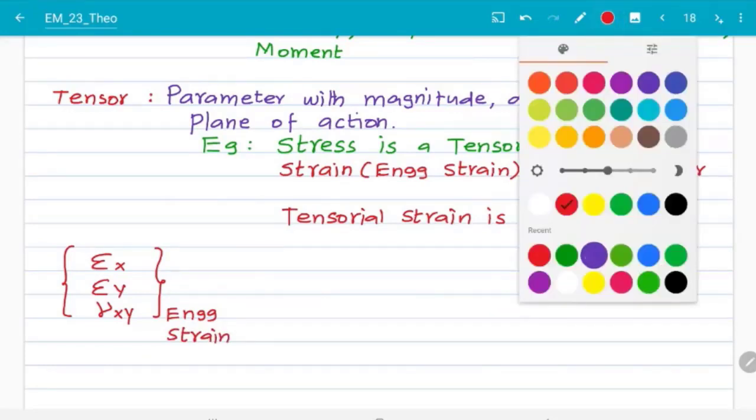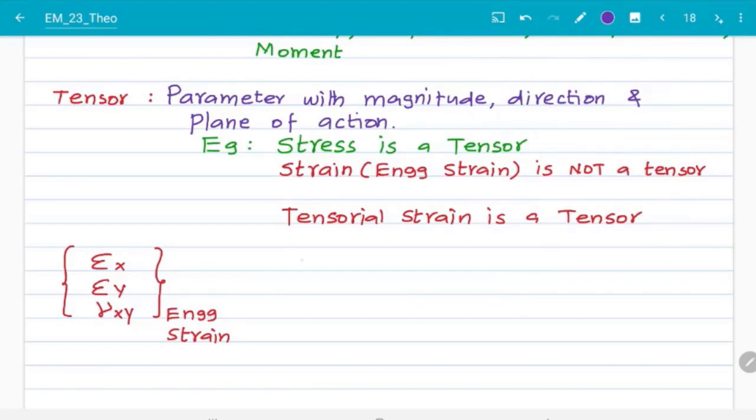How to convert it into tensorial strain? Very small modification. No correction in the normal strain epsilon x. No correction in the normal strain epsilon y. Only correction in the shear strain gamma xy, by gamma xy divided by 2. So the correction is only in the shear strain, not in the normal strain.